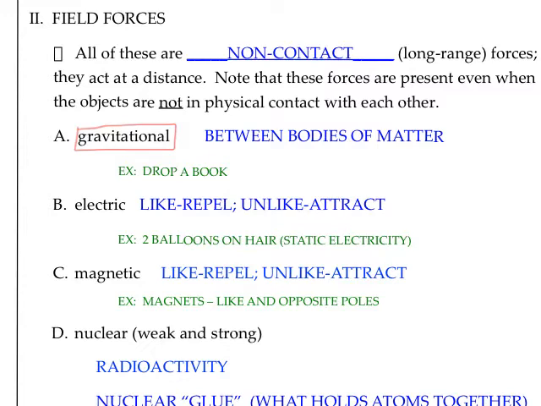The next few types of forces are going to be something that we study next semester, but I do want you to be familiar with them and be able to list them in this category. So next we have an electric force, and you want to think about static electricity for this type of force. And maybe you've looked at positive and negative charges in chemistry, so that might be an example where the like charges repel and the unlike charges attract.